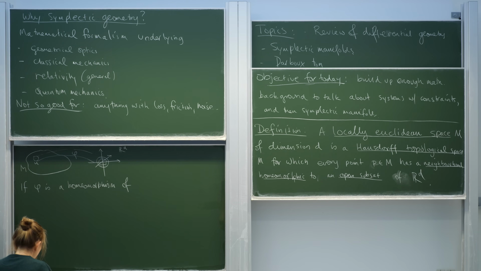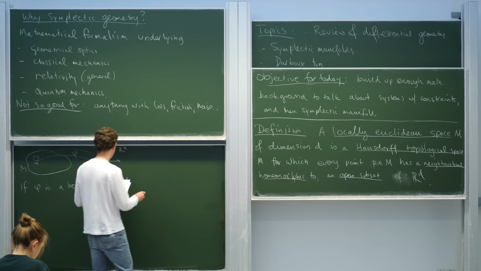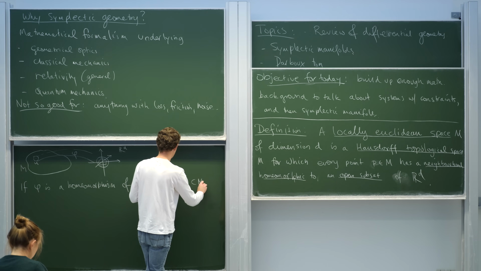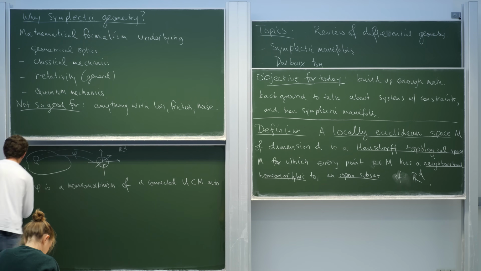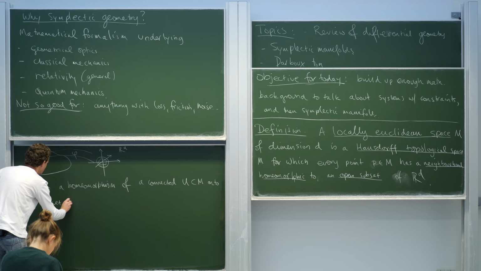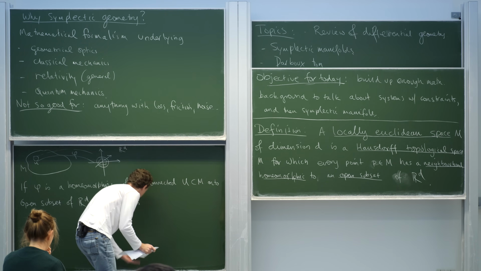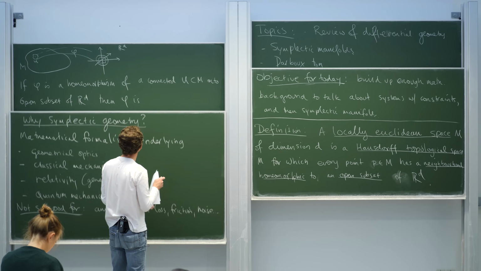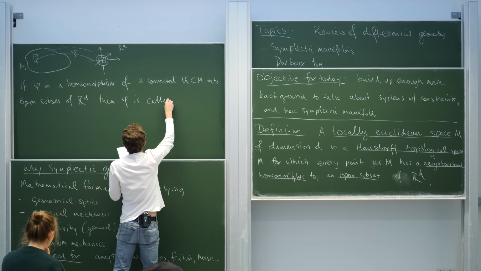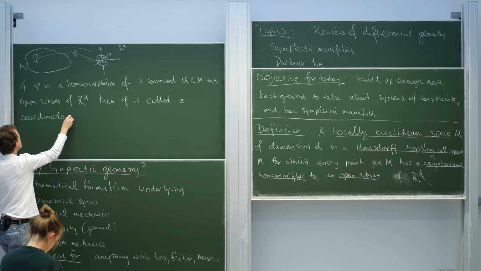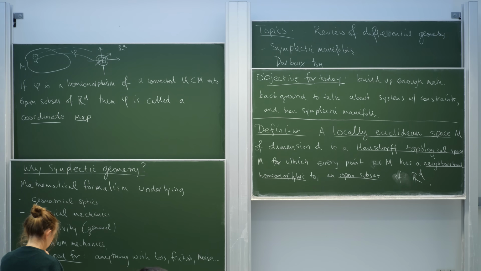So that's U. If we have this map that takes this region around this point P to R^d, then that map has got to be a homeomorphism.